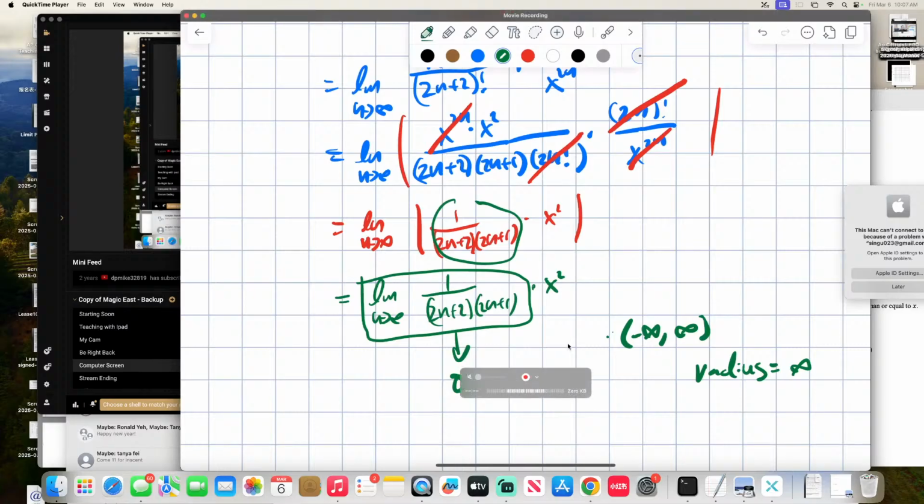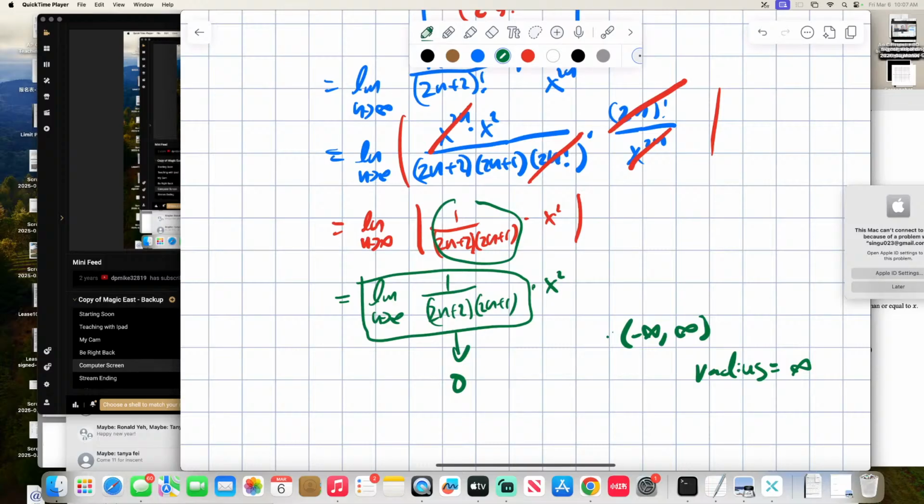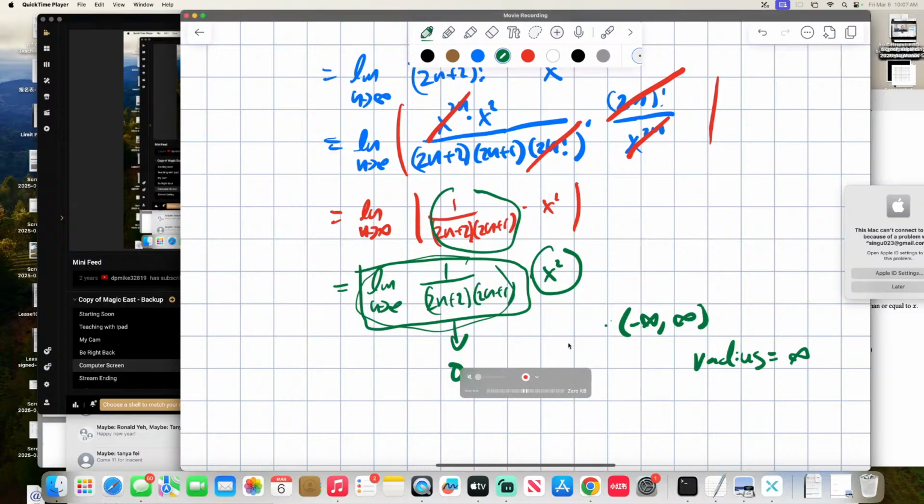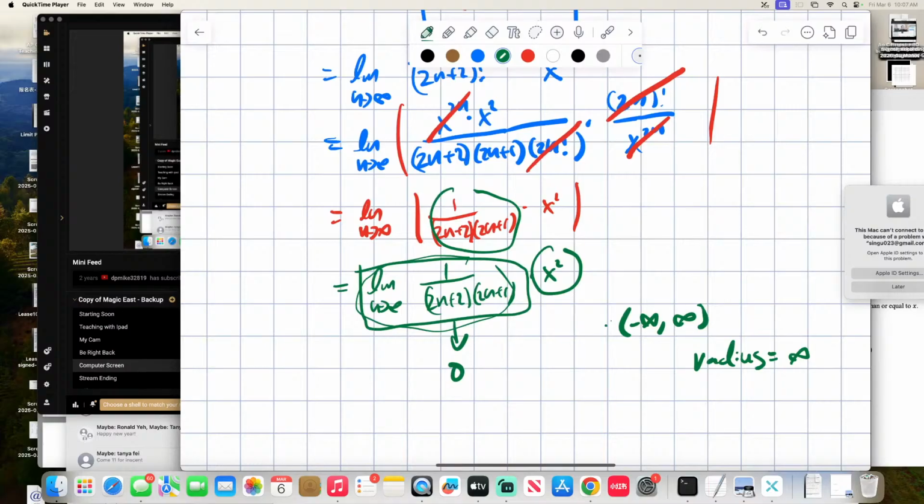I separate them so I can just focus on n and think about x later, because that's easier for me. As long as you can get it right, I don't really care, but if I'm teaching everybody, I want to make sure everyone understands. I only focus on n approaching infinity and only pay attention to n. So I put this separately here so that I know what x can equal, because I know the first part has to be 0.